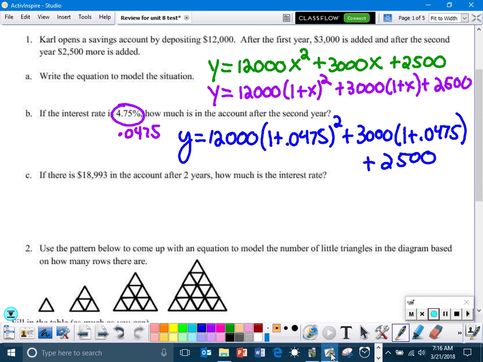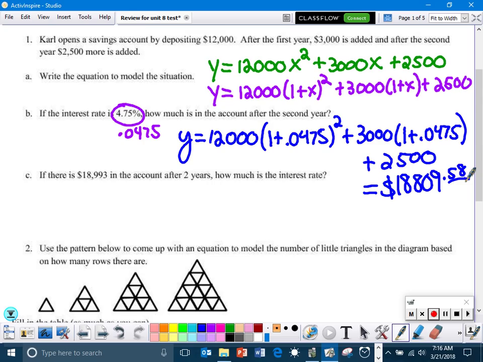Okay, got to round it appropriately. So our answer here is $18,809.58. Again, don't forget you can go to the Moodle website and go to the calculator. The calculator is there for you to use if you need it.